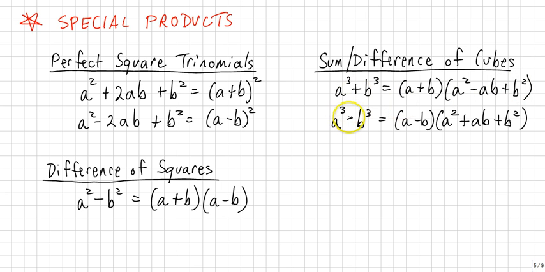And then if it's minus instead of plus, it's going to be a similar pattern, except for this will be a negative sign, and then these will both be plus. Now notice there is a sum of cubes and a difference of cubes, but if you have two things being squared, it has to be minus. It has to be the difference of squares. There is no special factoring for a squared plus b squared.